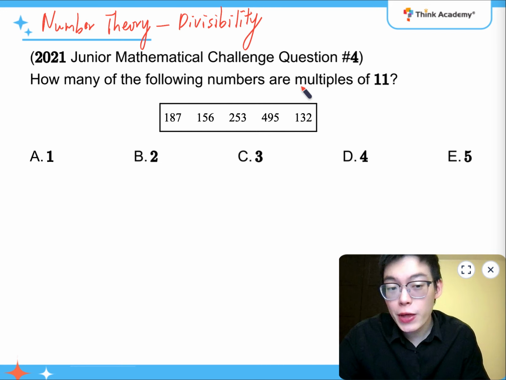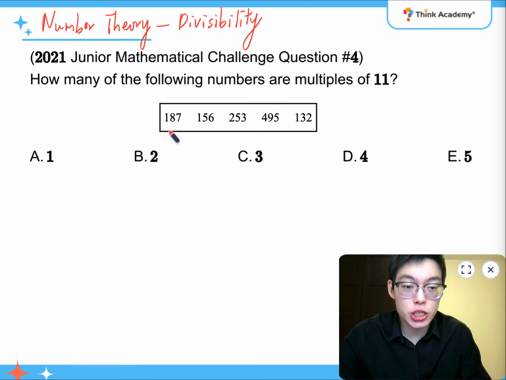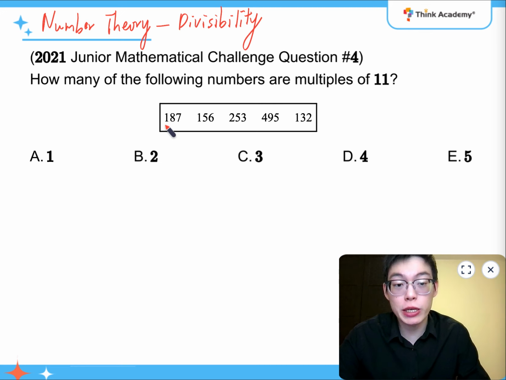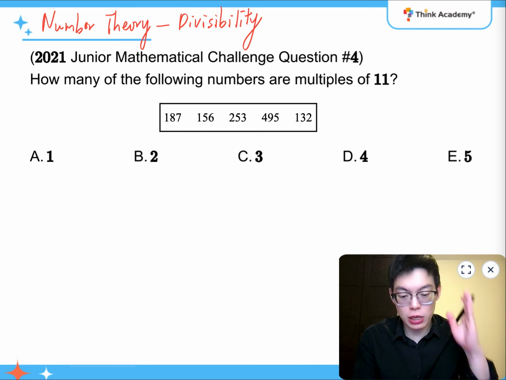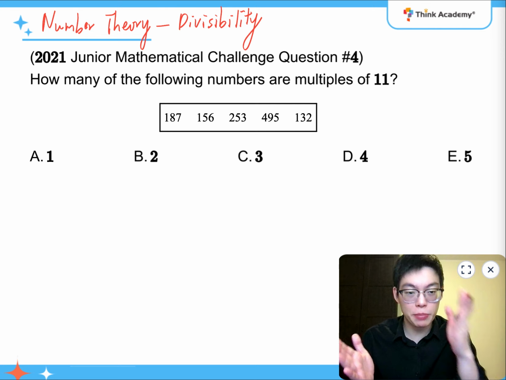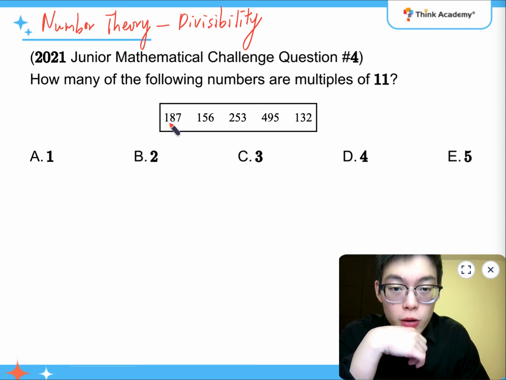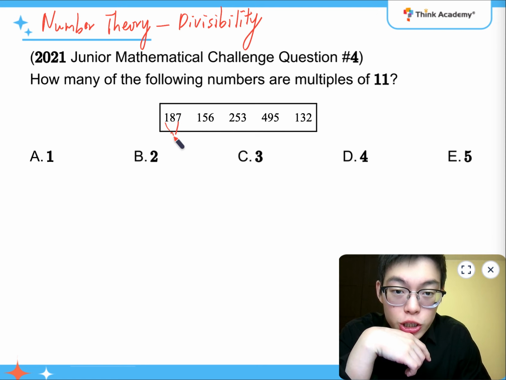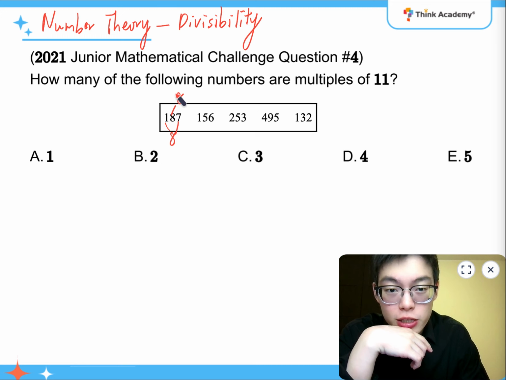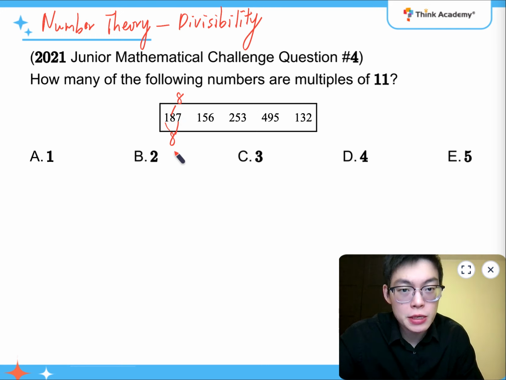But if you know the divisibility rule of 11, it's just finding the difference between the sums of alternating digits, skipping a digit each time. If that difference is 0 or any other multiple of 11, then it is divisible by 11.